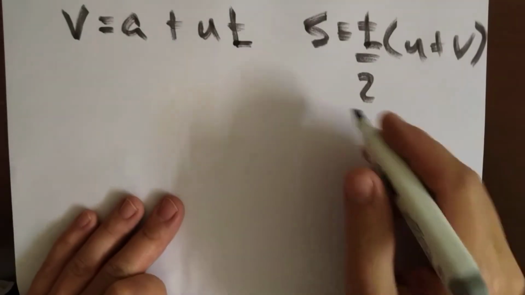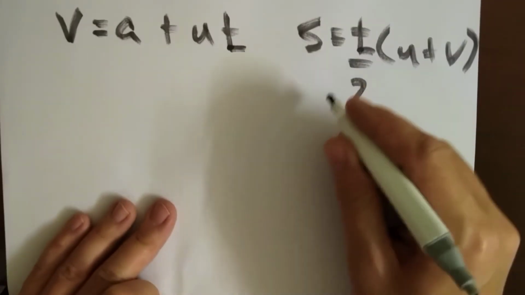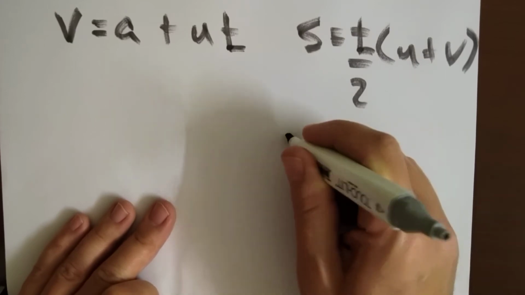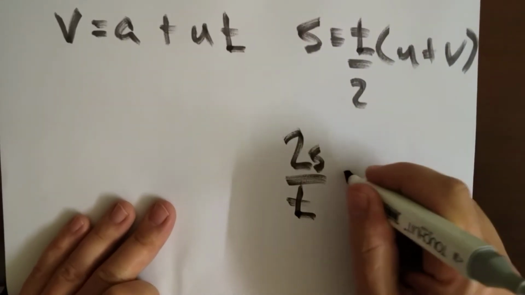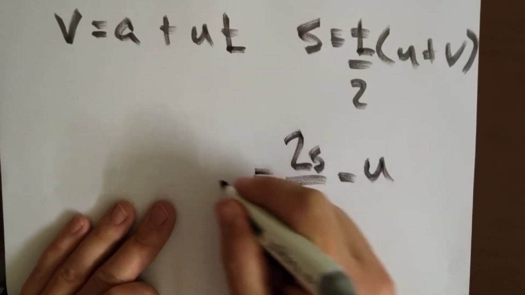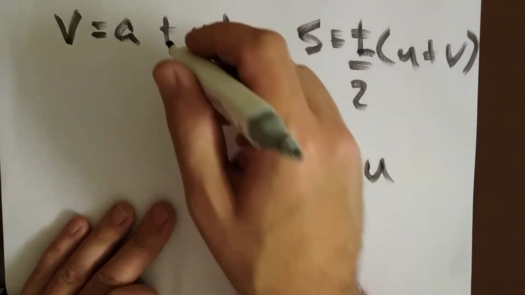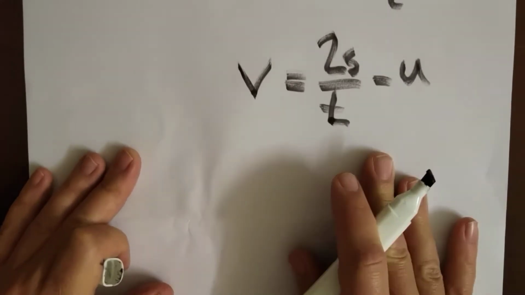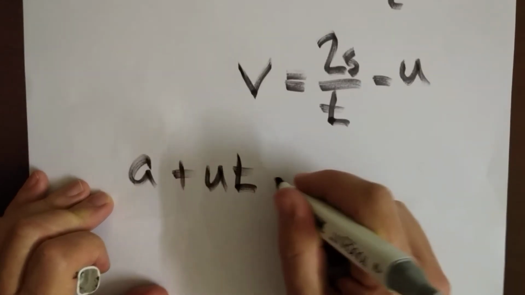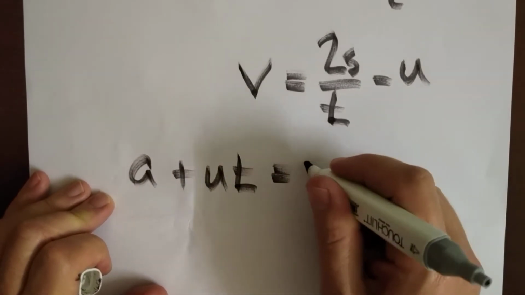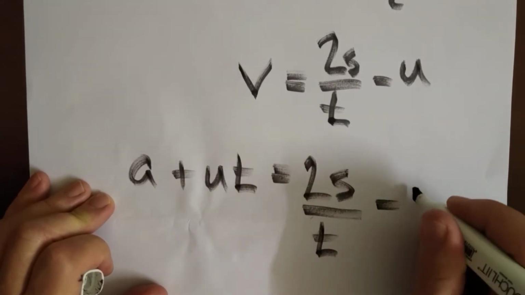And finally, we're going to come up with the last one. So I'm going to multiply by the reciprocal here. So I've got 2s over t minus u equals v, and if I substitute this formula into this formula, and by the way, this formula is very useful if you don't have the final velocity or the velocity after a certain amount of time, or t.